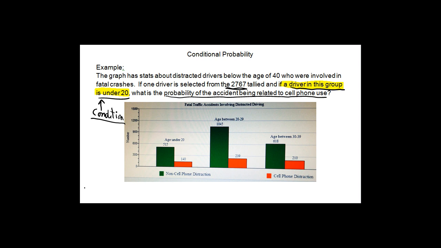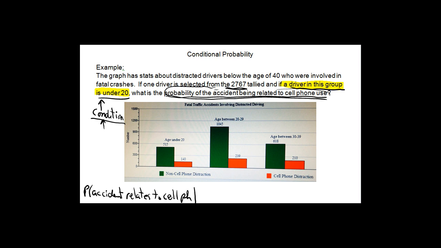So we want to know the probability of the accident being related to cell phone use. So the probability that the accident relates to cell phone, given this condition.